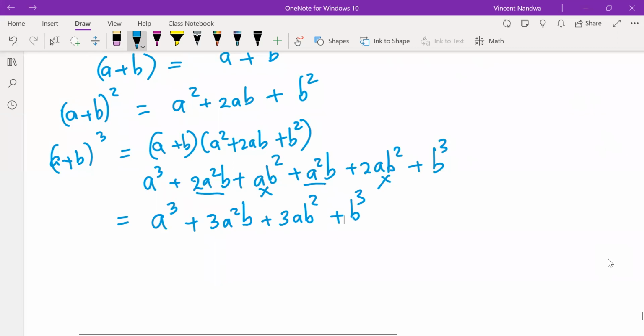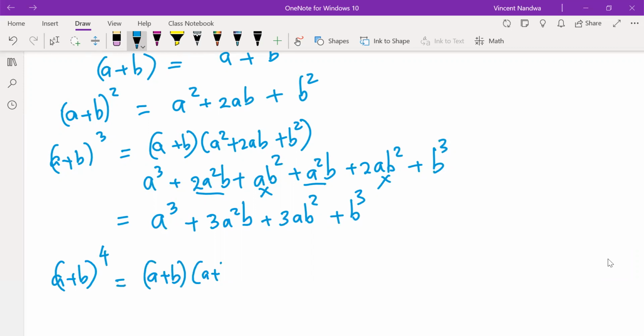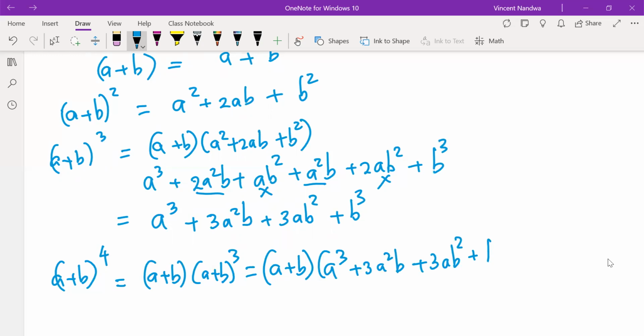Then (a + b)^4 will be given by (a + b) times (a + b)^3, and (a + b)^3 is a cubed plus 3a squared b plus 3ab squared plus b cubed.